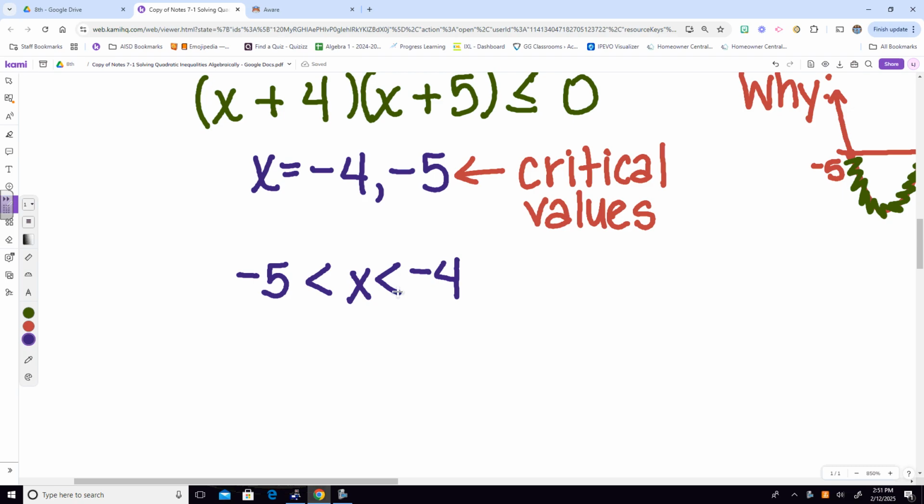Did the original symbol have an equal? Yes. So that's my answer as an inequality. As an interval, the lowest value in the interval is -5. What's the highest? -4. Parentheses or brackets? Why brackets? Equal to.